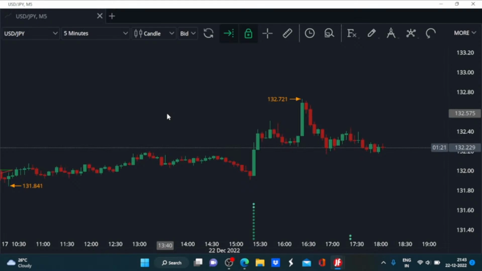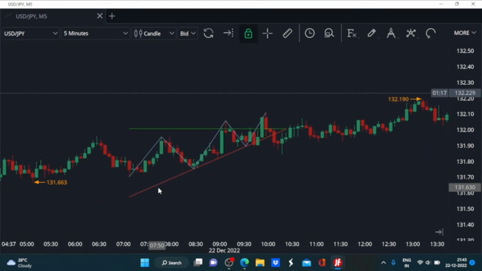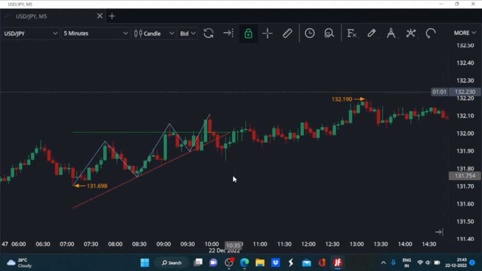So I had to do some search, and here I found one instance where there is a pattern formation of the ascending triangle on the 5-minute candlestick time frame of the USD JPY, and also a couple of patterns I found in the Dow Jones Industrial Average.